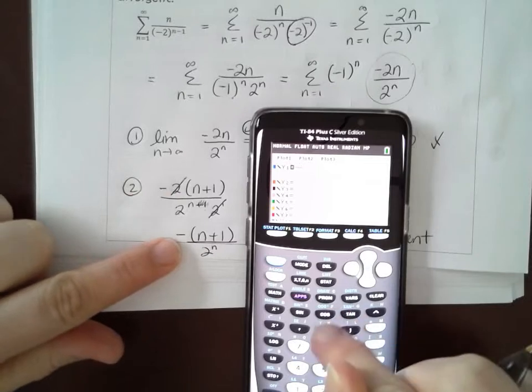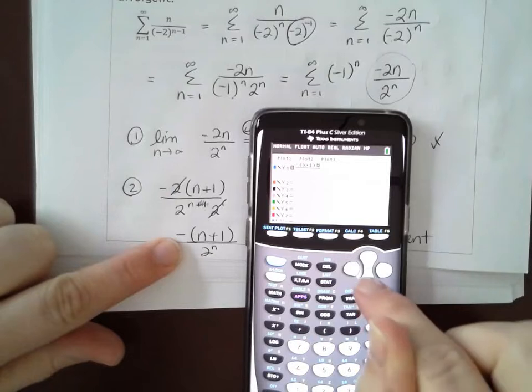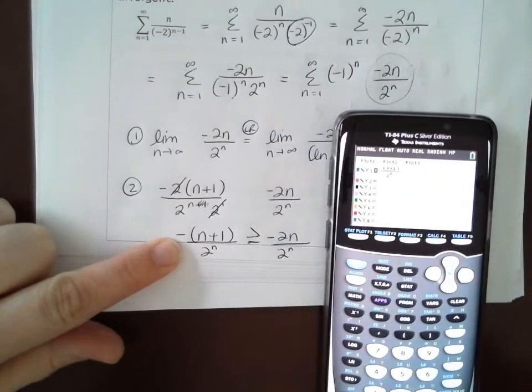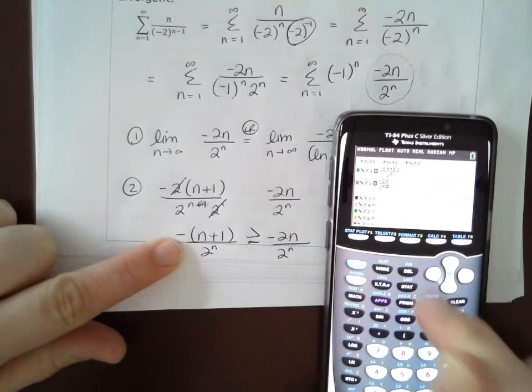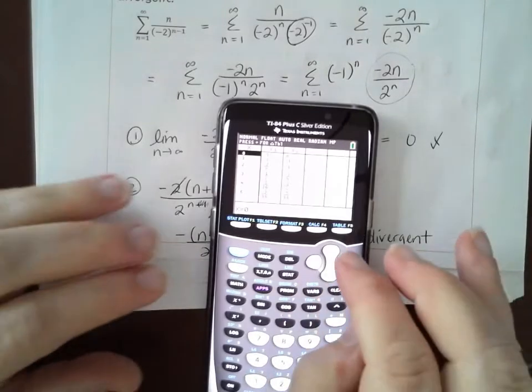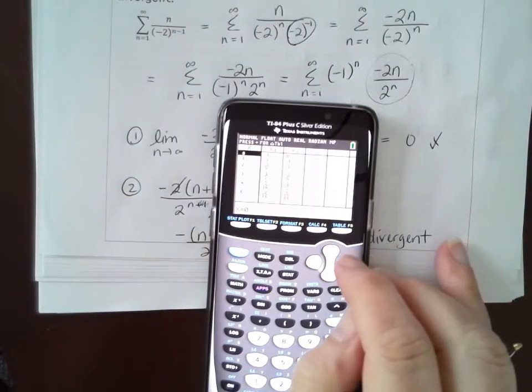I'm going to do negative x plus 1 over 2 to the x, and I'm going to compare it to negative 2x over 2 to the x. And I'm going to look at the tables and just compare which column is seemingly larger.